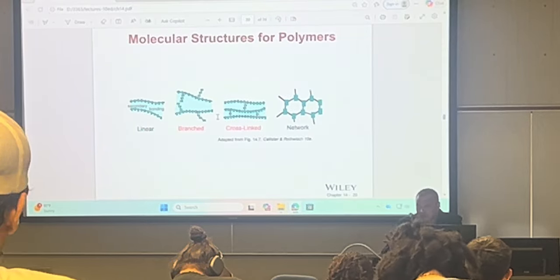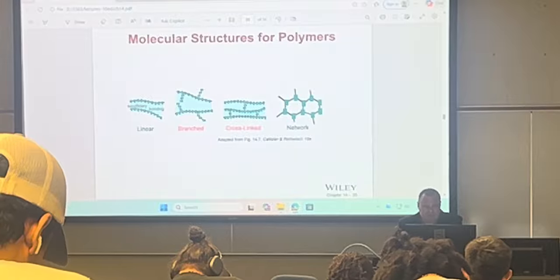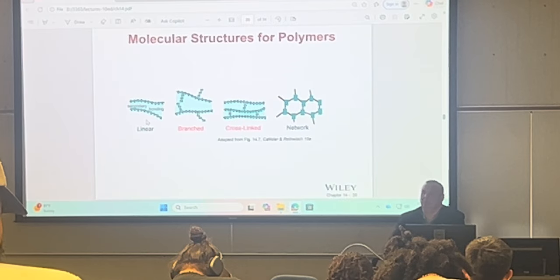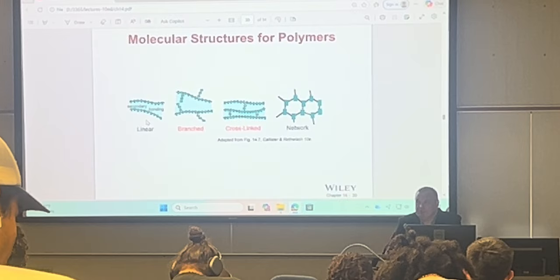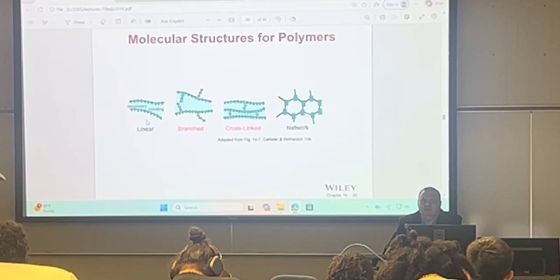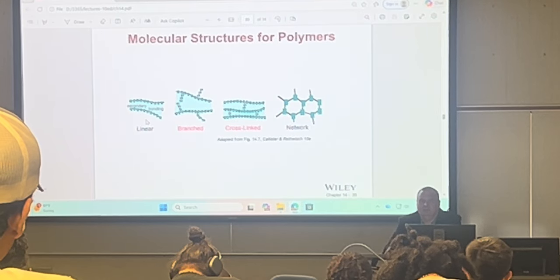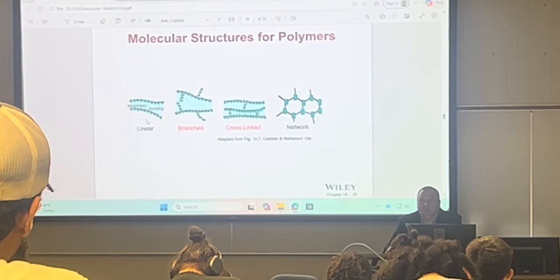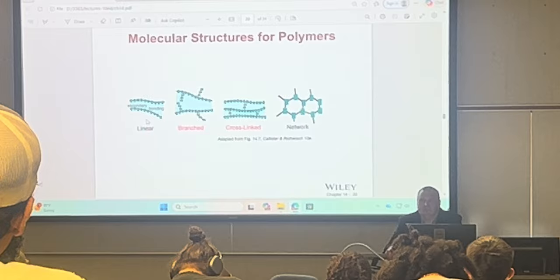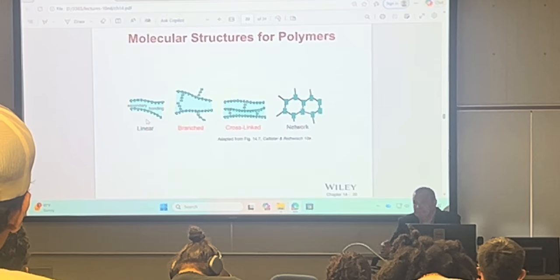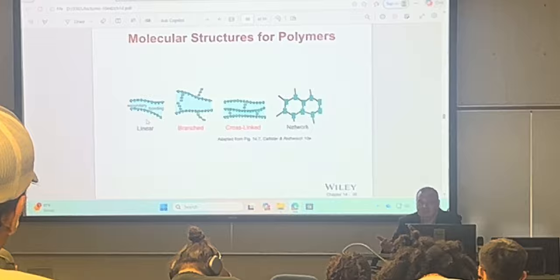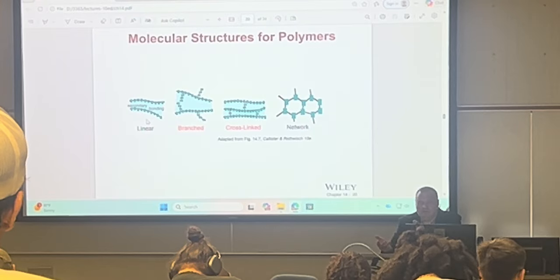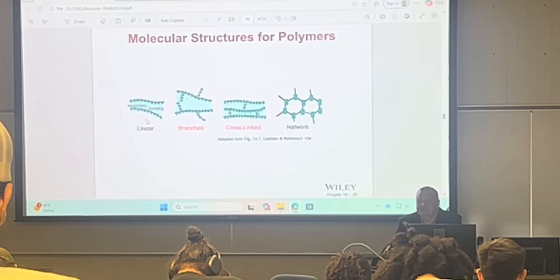There are linear polymers. You can see that there's bonding. And by the way, what kind of bonding is between the atoms inside the molecular chain? What kind of bonding do we know? Is it metallic? Is it ionic? Is it covalent? Is it secondary, like van der Waals? Take your pick.